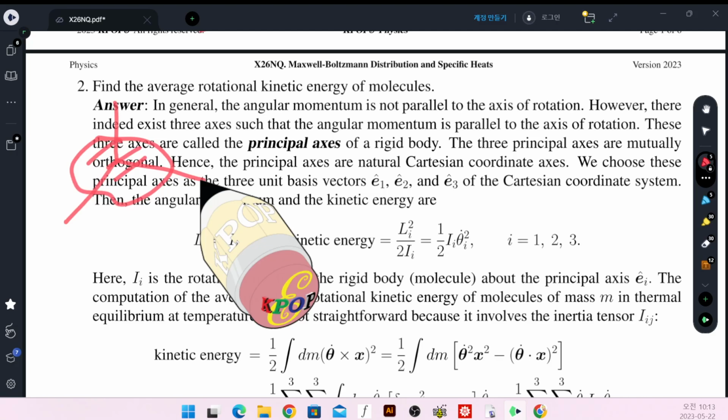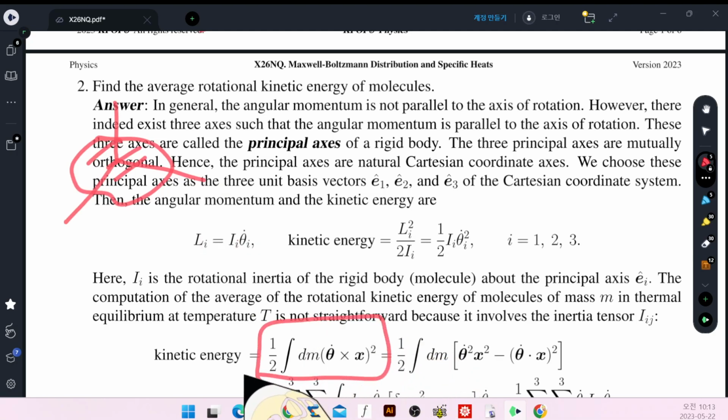Perhaps they teach you when you learn linear algebra without any theoretical basis, the diagonalization of a symmetric matrix. But that is closely related to and originates from the principal axis of a rigid body. In general, the rotational kinetic energy of a rigid body can be expressed in such a manner.